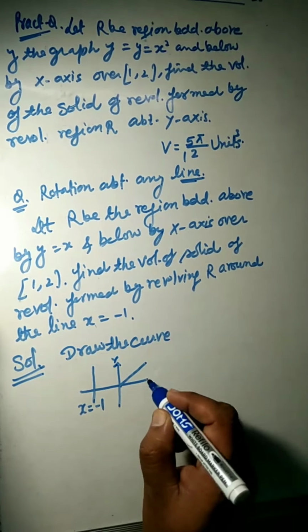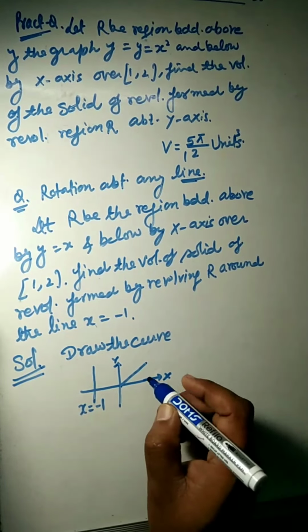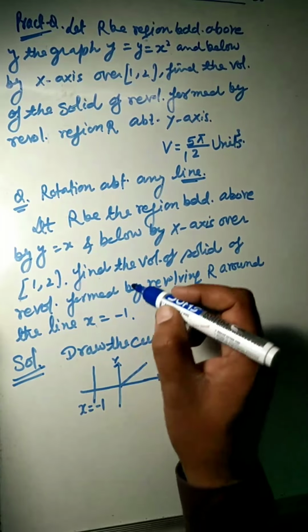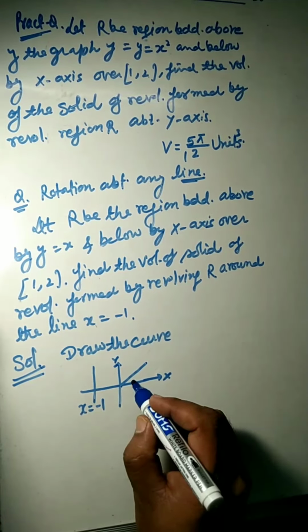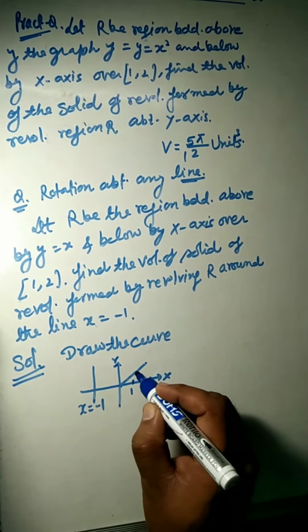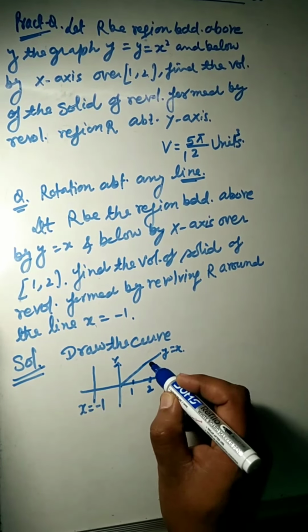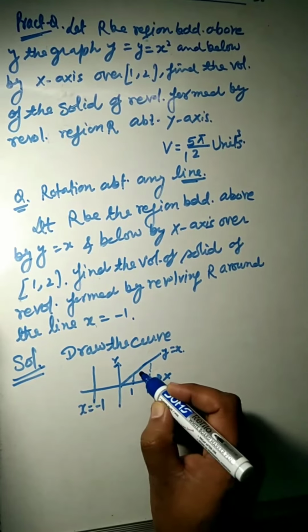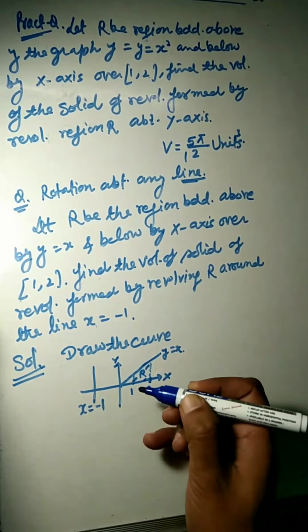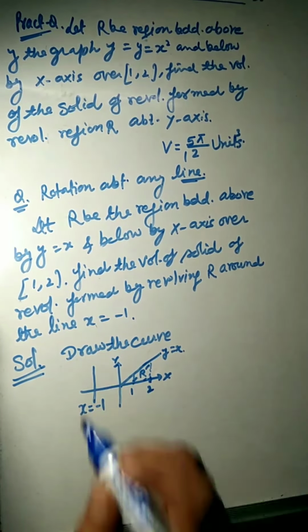This is y, this is x, and here 1 and 2, this is 1, this is 2, this is y equals x. This is the region. We want to revolve it about x equals -1.